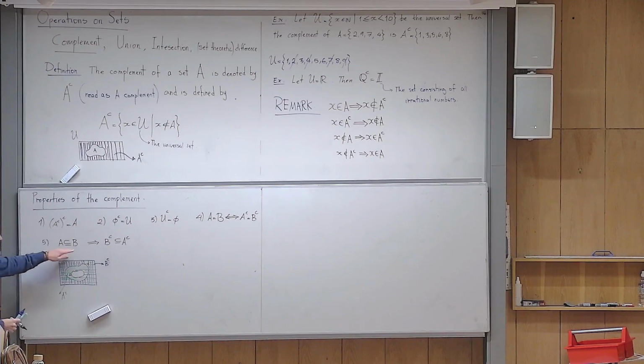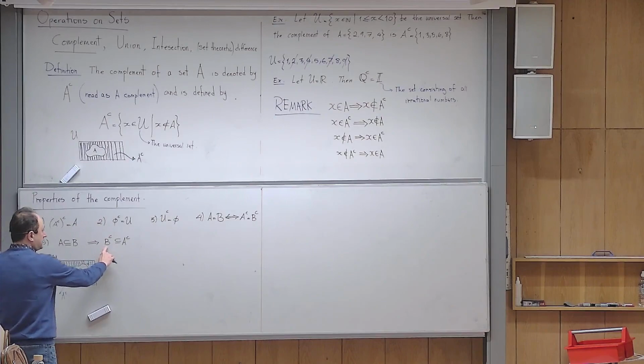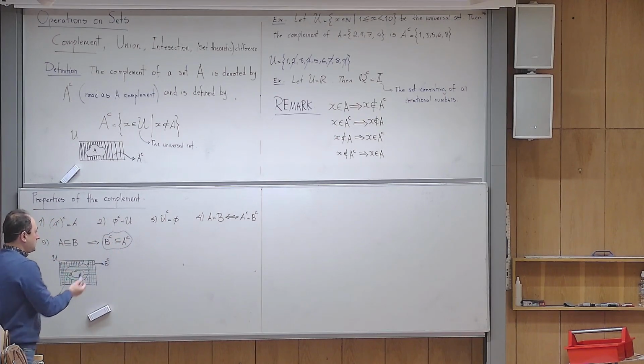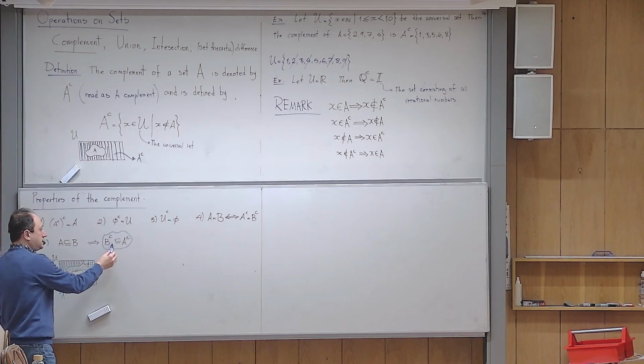Okay, but if you want to prove this mathematically, I want to prove that this set is a subset of this set. So how should I prove this? If I want to prove this argument mathematically, I need to show that whatever is in this set is also in that set.